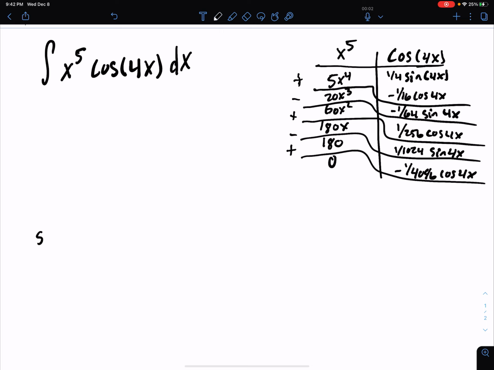Forgot my negative sign, so 5x to the fourth minus 1/16 cosine of 4x, times negative times negative is positive, so plus 20x cubed times 1/64 sine 4x.